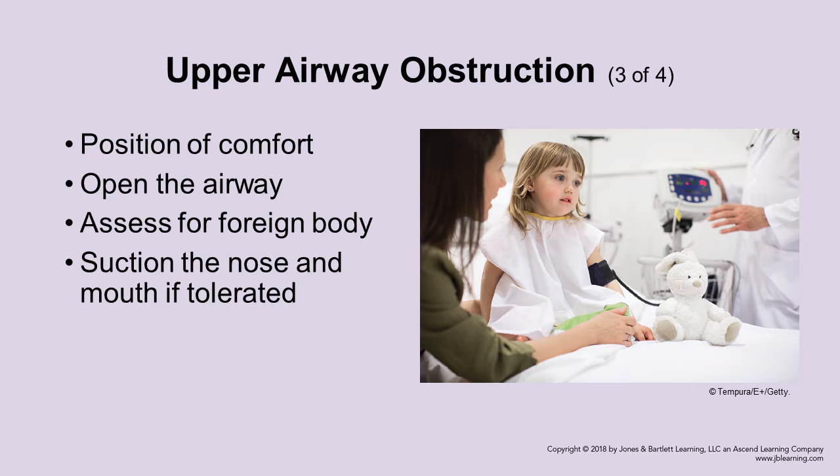And then you will want to assess briefly for the presence of a foreign body. Sometimes this can be seen by a superficial inspection of the oral cavity, but sometimes may need more invasive techniques to discover a foreign body. Finally, as we said before, nasal secretions can cause significant upper airway obstruction, so you need to suction the nose and mouth of a child if it appears that they have significant drooling or secretions that are obstructing their upper airway.